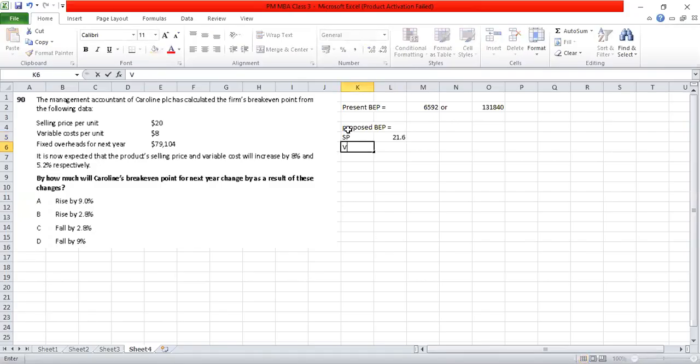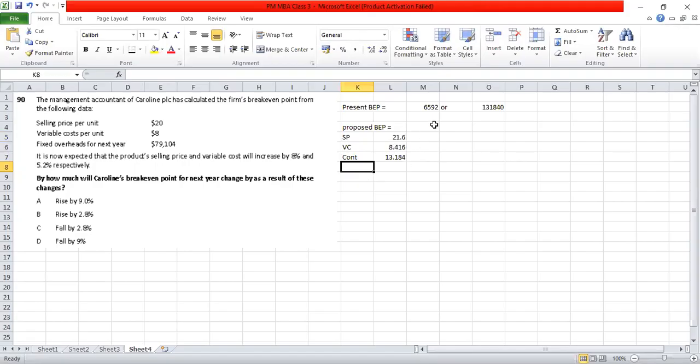Then what about the variable cost? Variable cost will be, at present it is 8, into 1.052 for the 5.2%. So contribution is equal to 13.184.